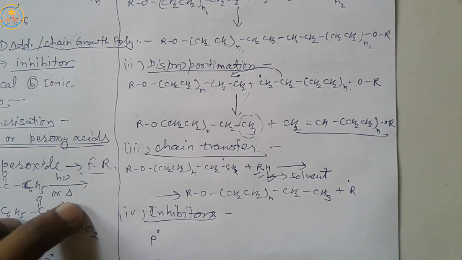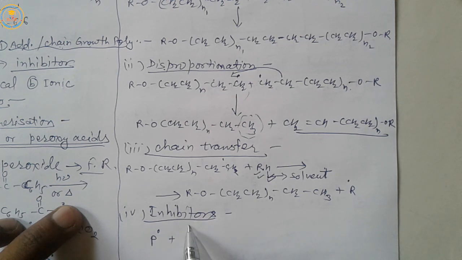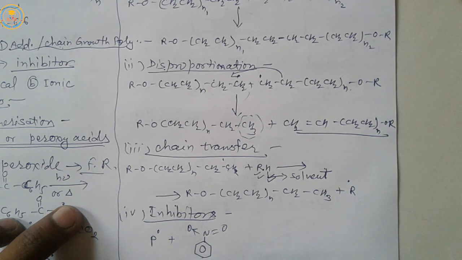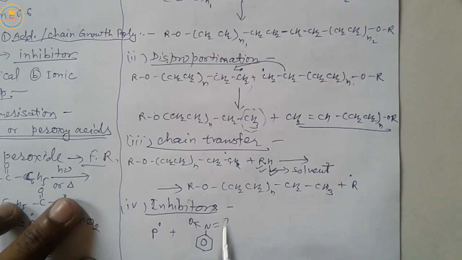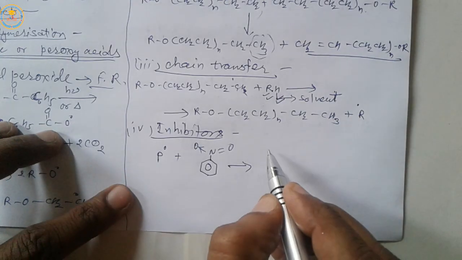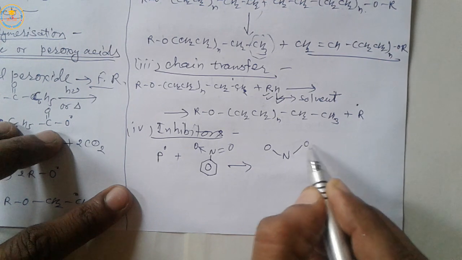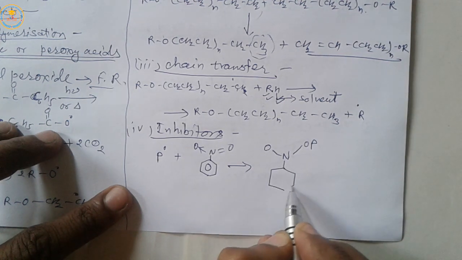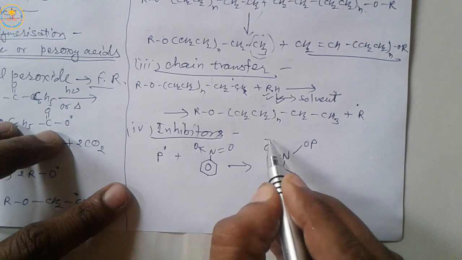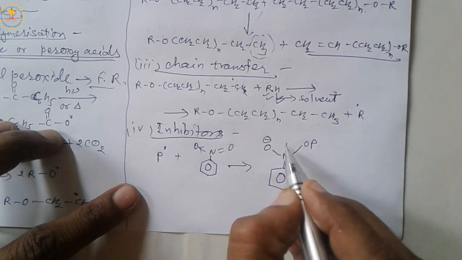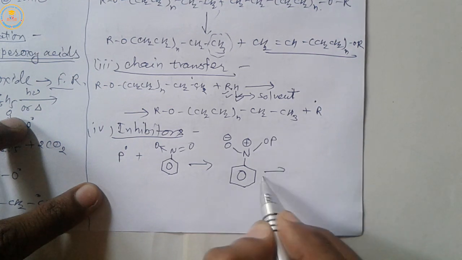If P dot is a growing polymer chain and nitrobenzene is the inhibitor, then chain termination takes place as follows. Here, oxygen has a negative charge and nitrogen has a positive charge.